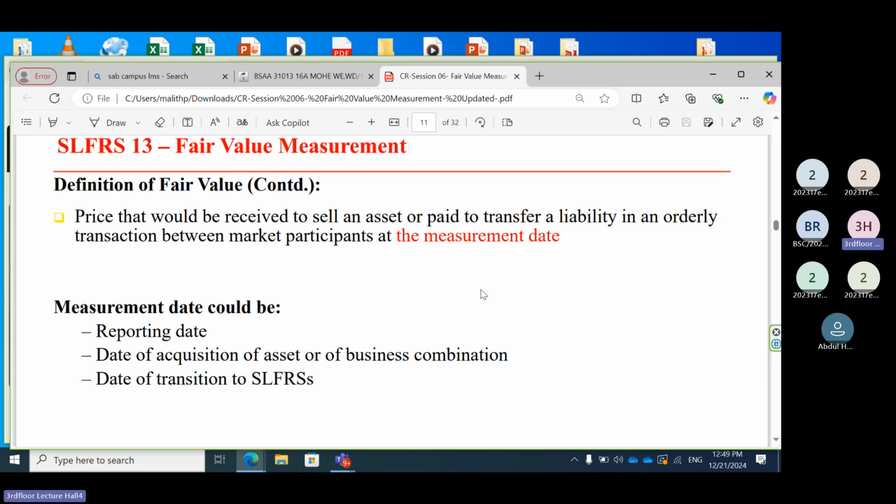Measurement date is really important because with the time you are doing a measurement, let's say 31st December 2024, you are doing the fair valuation. That may change by January 15. There may be a significant impact. Right? Measurement date is really important.